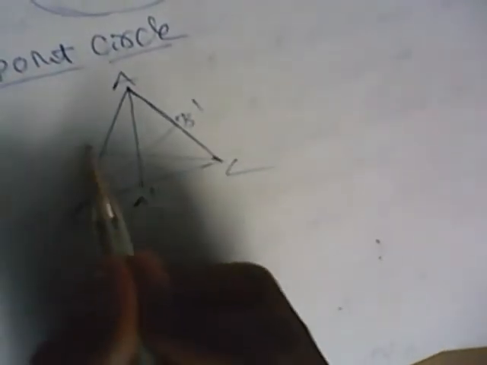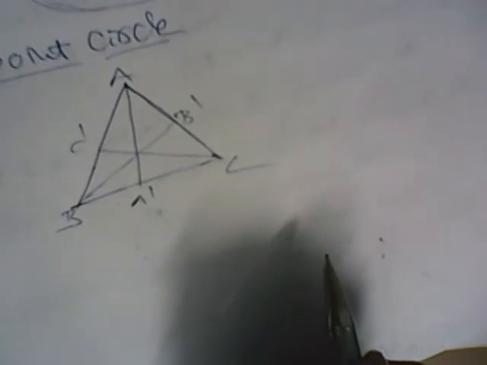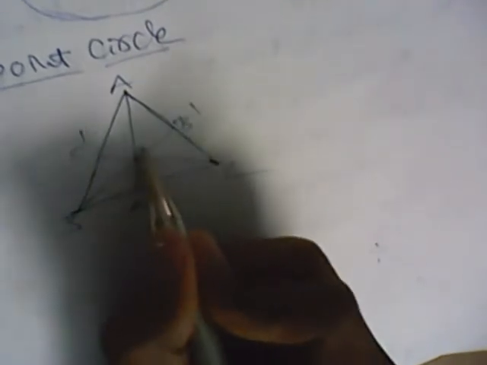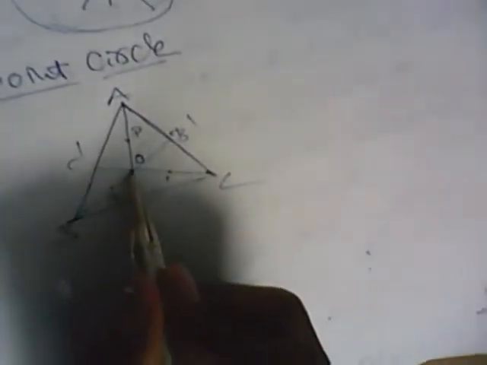A dash is an altitude foot, B dash is an altitude foot, C dash is an altitude foot, and this point is called O. The midpoint of AO is P, the midpoint of BO is Q, the midpoint of CO is R. One, two, 3, 4, 5, 6.